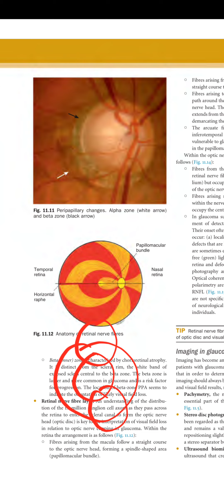So for example, the nasal side and the temporal side of the retina is having a nerve fiber layer that is crossing the midline, the horizontal raphe, and they're going straight to the nasal and the temporal side.